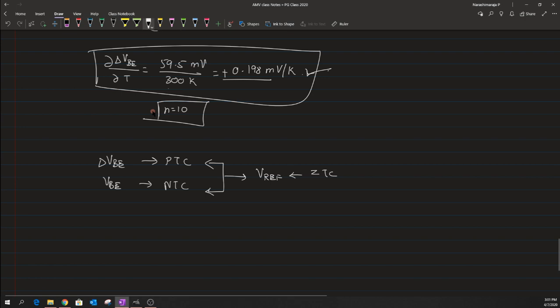And now that we began with the discussion of delta VBE, which is basically a positive temperature coefficient, and then later we started with the discussion of VBE, which represents the negative temperature coefficient. So now we just need to combine both these quantities in order to create a reference voltage which exhibits a zero temperature coefficient.